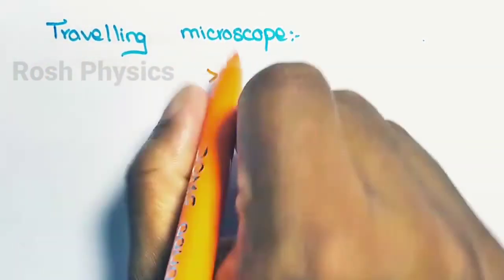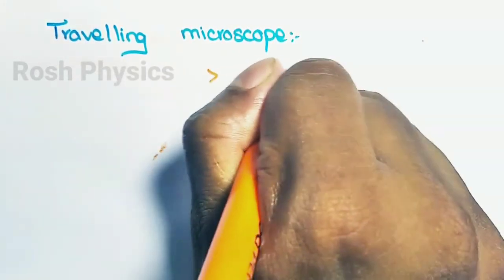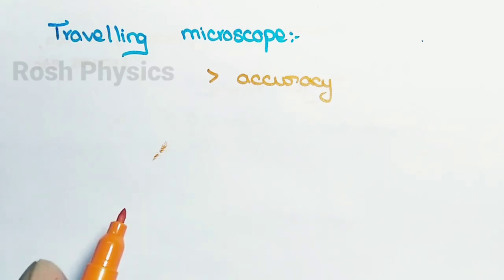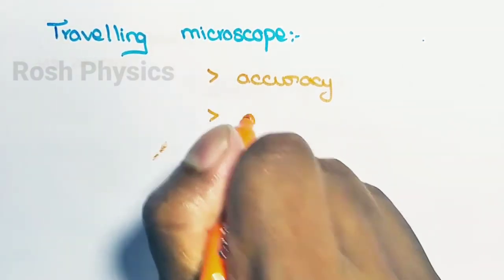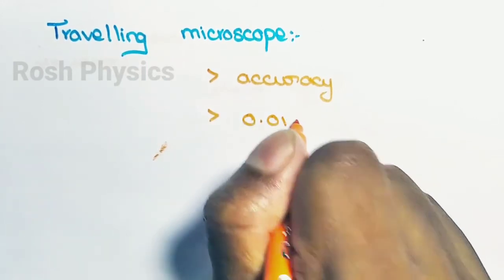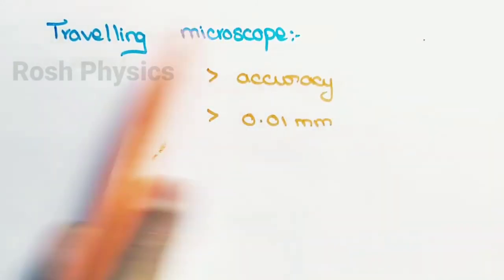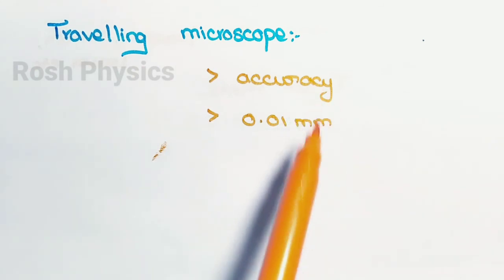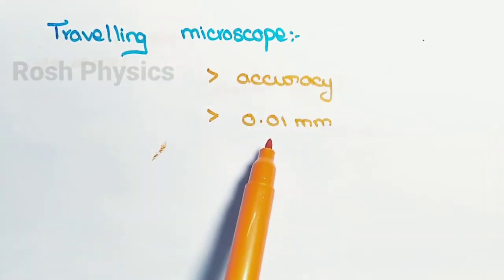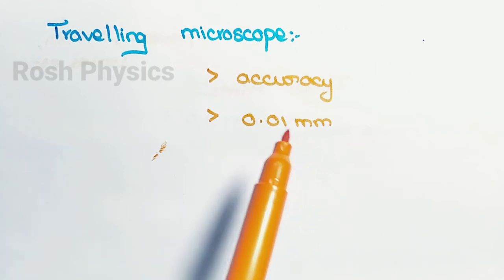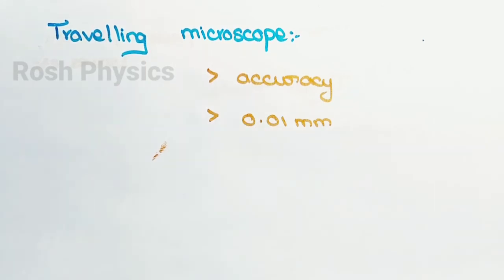The traveling microscope is used for better accuracy, and its least count is about 0.01 millimeter. It is used for only two things: it has better accuracy, and it has a very small least count of about 0.01 millimeter.